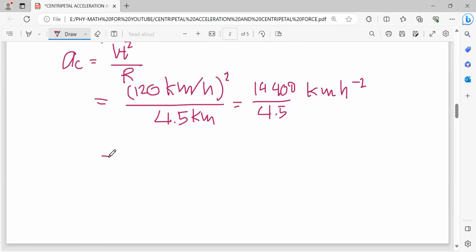And how much? Let's find it. It is 3,200 km per hour squared.